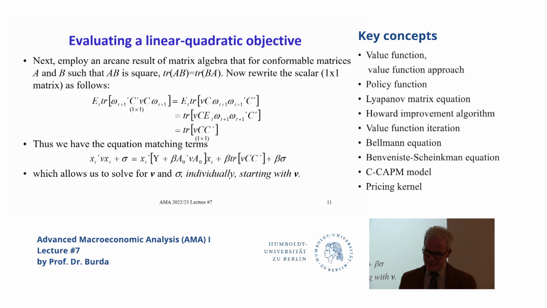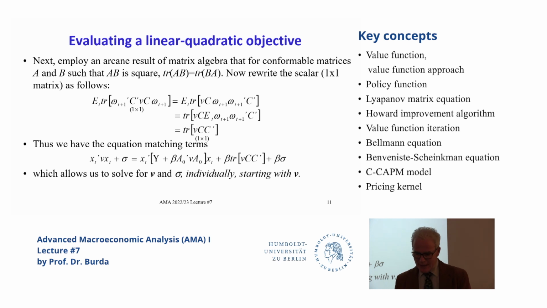What's inside is exactly the covariance matrix of omega t plus 1. Under the assumptions we've made, that is equal to the identity matrix, and therefore what's left is the trace of this V matrix times C transpose, and that's a 1 by 1.